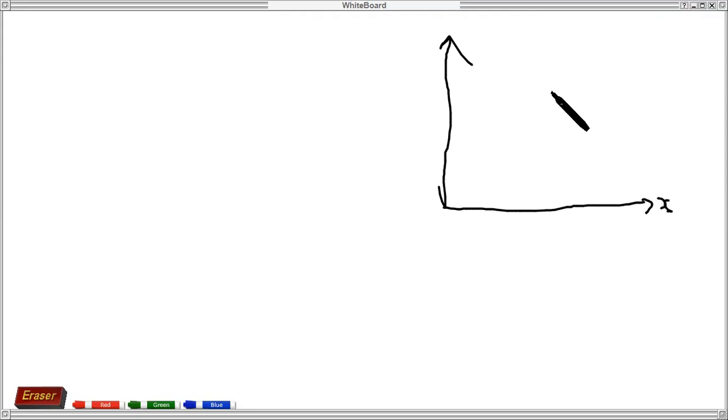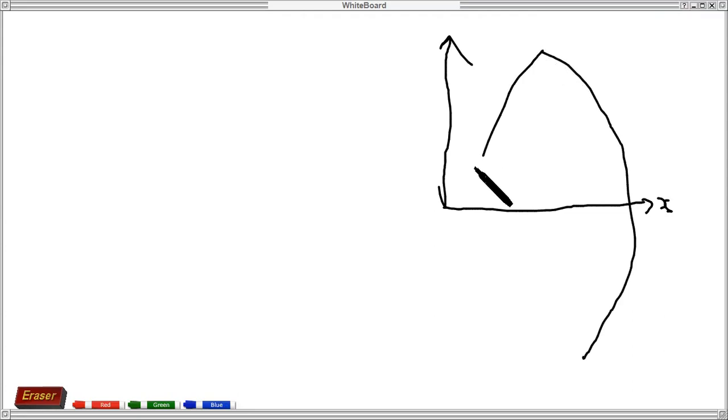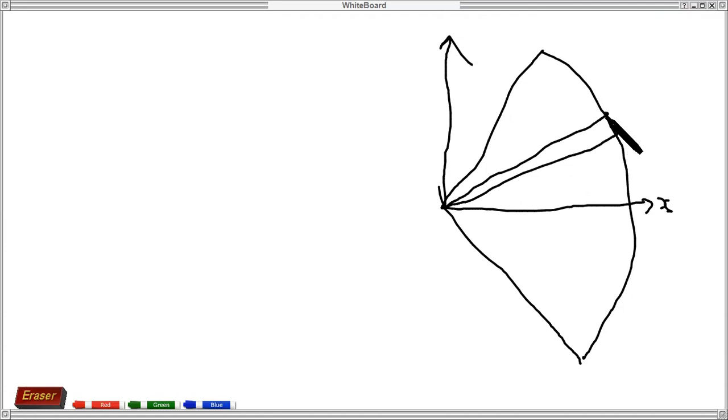The shape was going like that. The small piece that you are integrating with respect to is this one. You have a small area here, and it looks like a triangle.